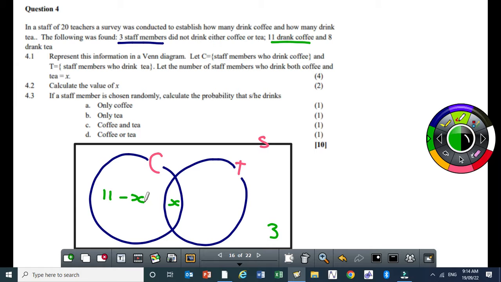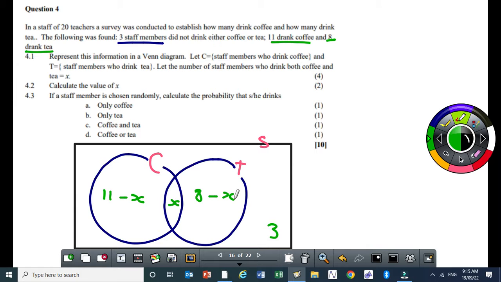So if you want to know how many drink coffee only, that would be 11 minus X. Then the 8 drank tea, so that would be 8 minus X. Among those 8, there are some who also drink coffee, and the number of those who drink coffee is X. The reason why we have to subtract here is to avoid what I told you last week, which is double counting.